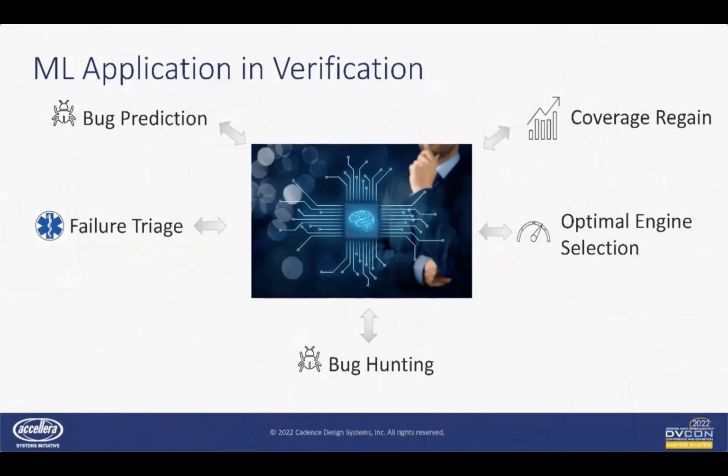attack a given problem. And then the two that we're going to talk more about today, which is bug hunting. So, how can we apply machine learning to go get into the areas of the design where bugs may reside or may still be hidden, and bug prediction. So before we even run simulation, or given a set of simulation results from the past, how can we predict which bugs may exist in our code?